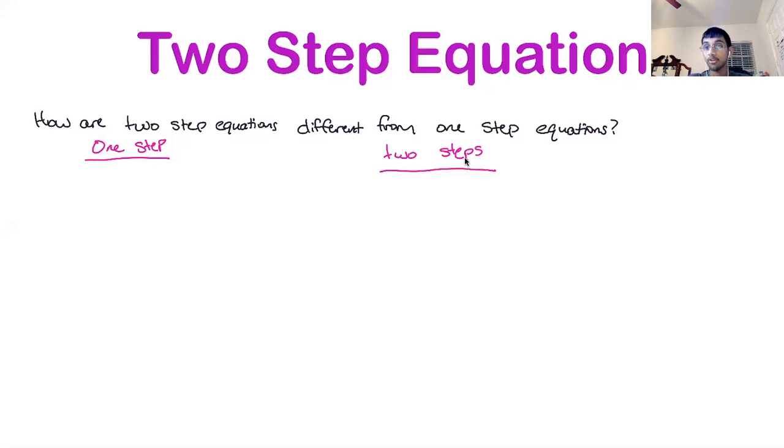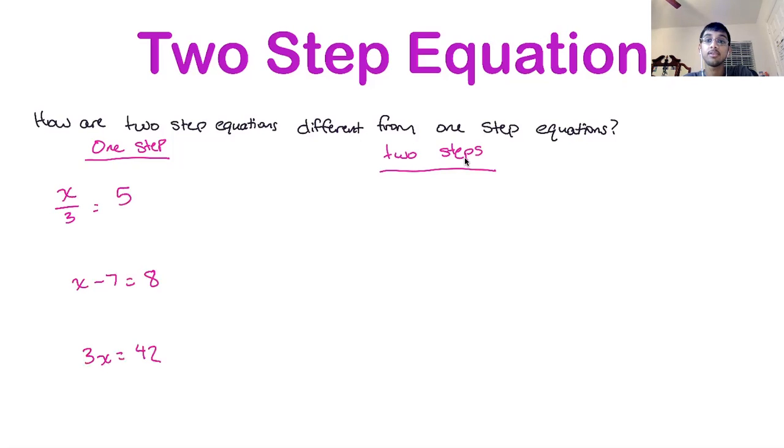Let's first distinguish what a one-step equation is and what a two-step equation is. In a one-step equation, we would have something like x over 3 is equal to 5. We could just have x minus 7 is equal to 8. Or we could have 3x is equal to 42.